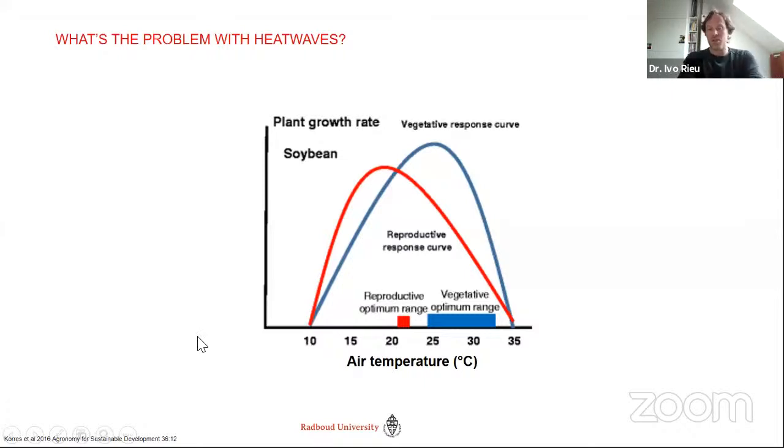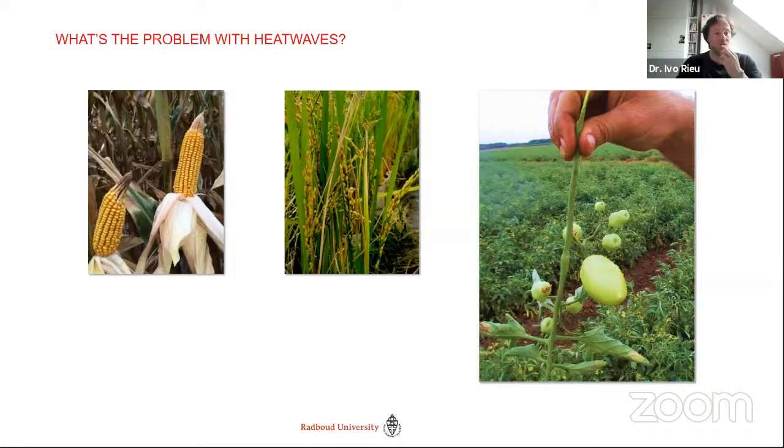And that is, of course, exactly counter to what is happening in nature, and also on our agricultural fields, because mostly the reproductive phase is in the warm period of the year. So what happens to this reproduction if it encounters high temperature in the form of heat waves?